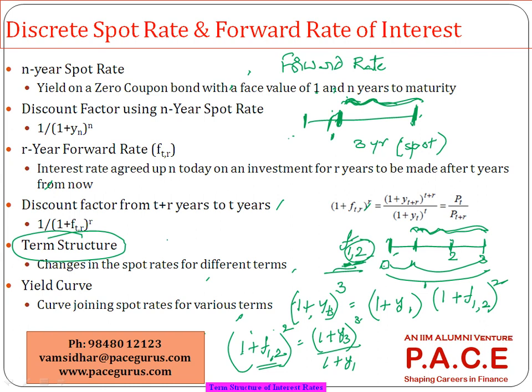That particular curve is what we call the yield curve, and the changes in the various rates are what are called the term structures. The curve is called the yield curve or the spot rate curve, because we are plotting the spot rates across the various time points, and because the interest rates are changing for different yields, we call that particular graph a yield curve.